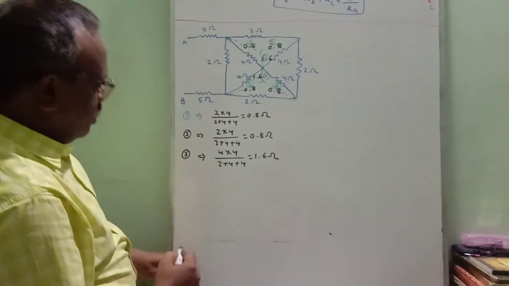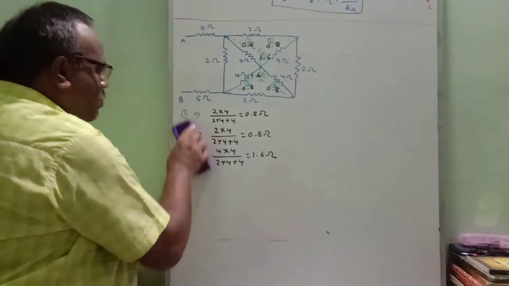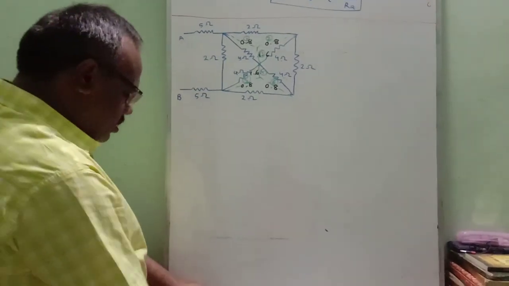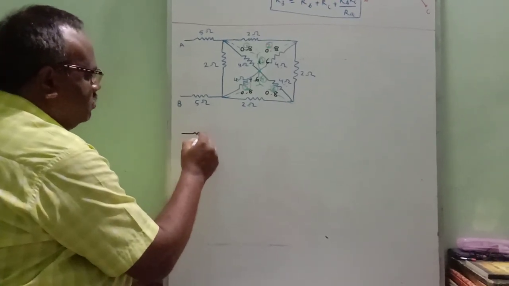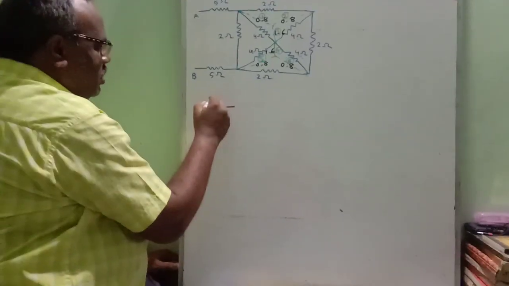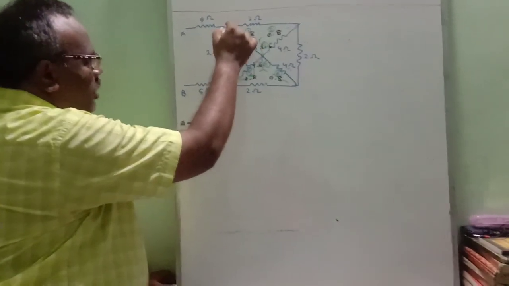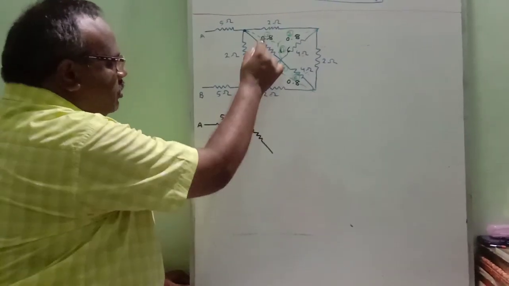So if you redraw the circuit, then it will look like this. It is there as it is. Here from this point, it is 0.8.